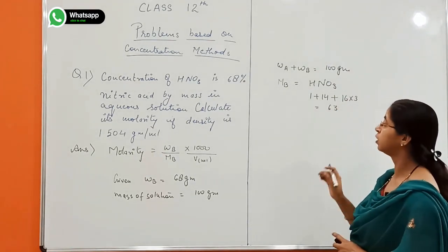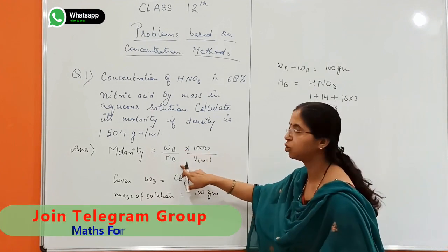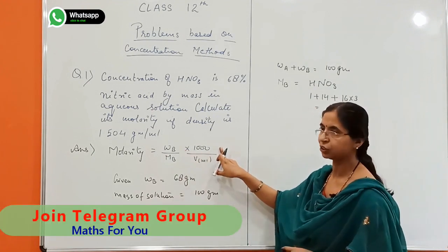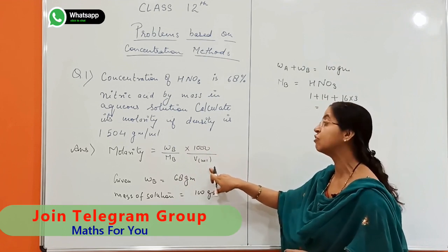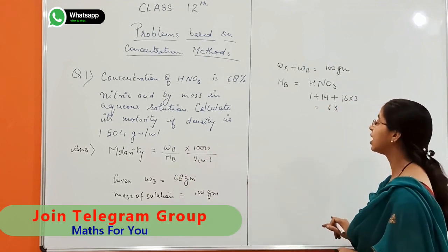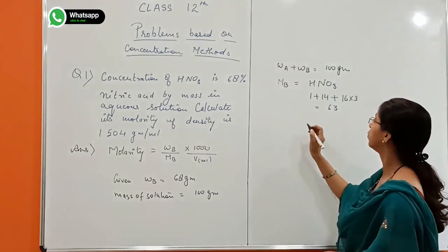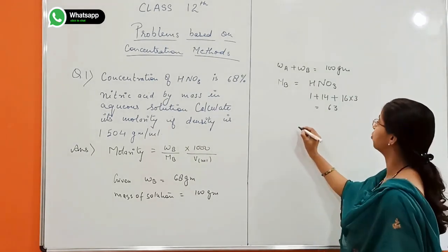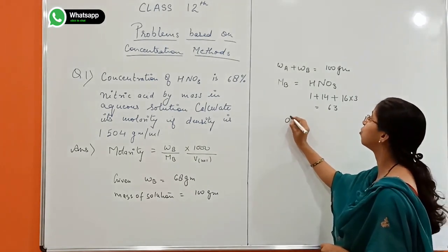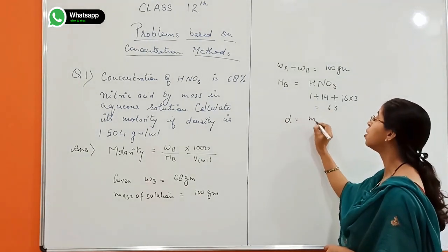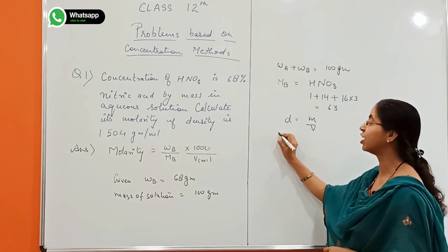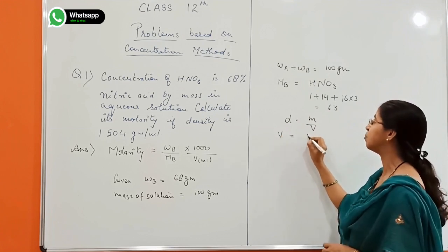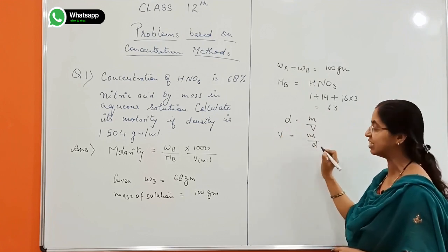Now, the next thing that you have to calculate is V in ml. You know the formula, density is equal to mass upon volume. So to calculate volume, it is mass upon density.